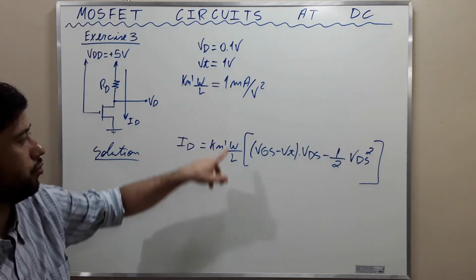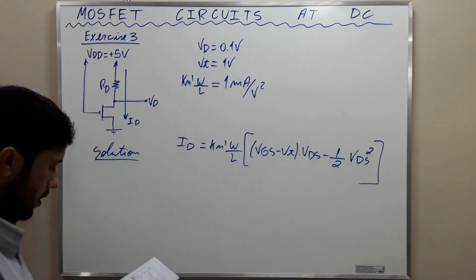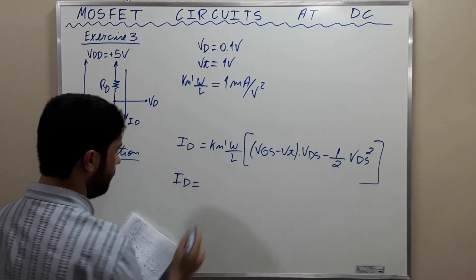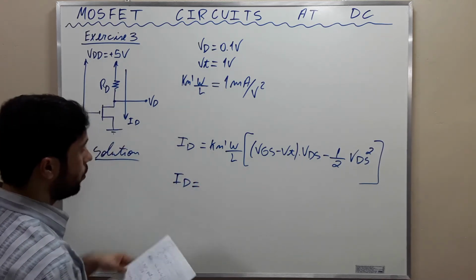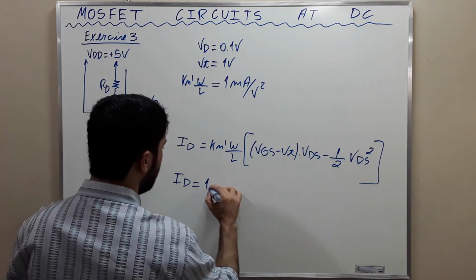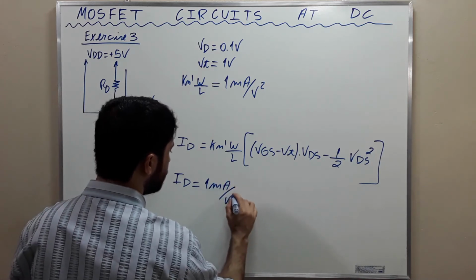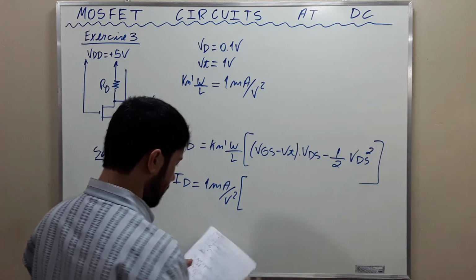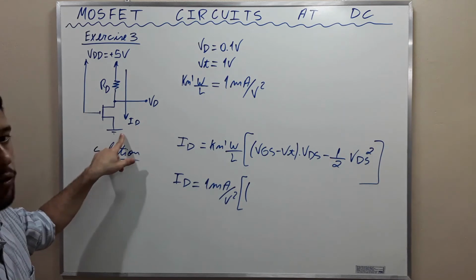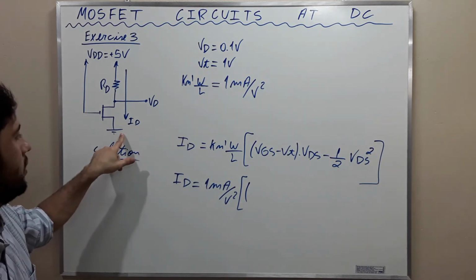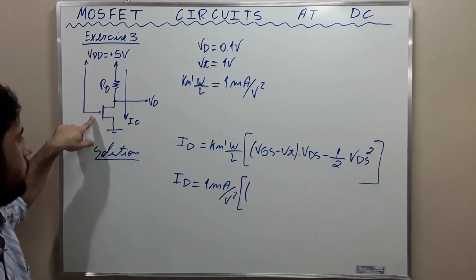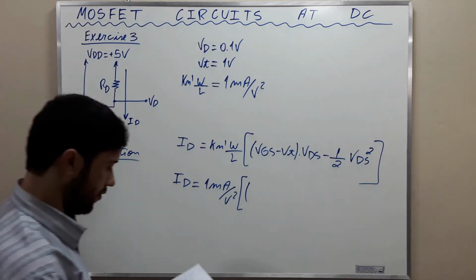Now we simply substitute these values, okay? Then ID, we want to calculate ID, is going to be equal to this: 1 milliamperes per volt squared. VGS, S is grounded. The source is grounded. Then VGS is VG, 5 volts, minus 0, which is 5 volts.